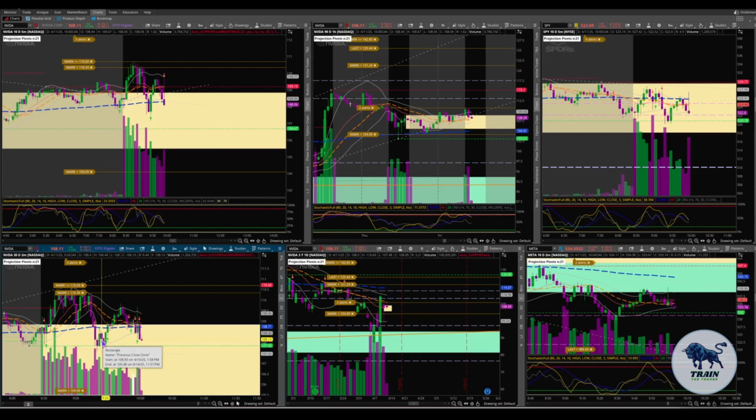And then I added another one at 952 right here off of this bounce off of the 200. This test of the 200. So, original entry here, add here for the test of the 200, and now this is what we're working with.